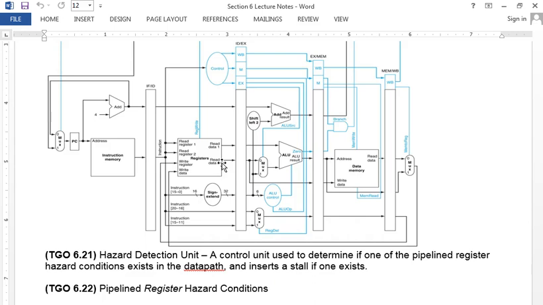The other instance would be, what happens if we have an add instruction where we're updating S1, and then two instructions later we need S1 again? It'd be one instruction later, it would be here, but we don't need it yet, so the comparisons would just pass the values from the register. But when we get to the next value in the ALU, I need it back here. My most recent copy's here, so I need to forward it back.